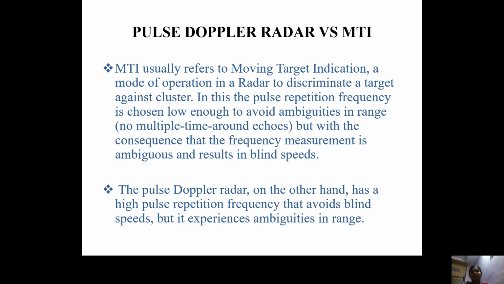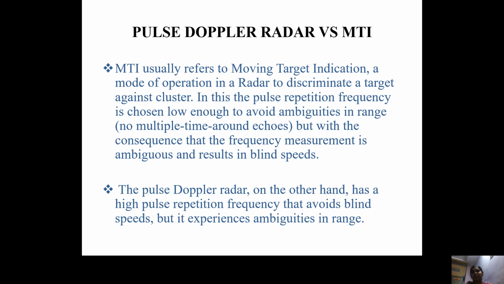In this technique, the pulse repetition frequency is chosen very low so that we can avoid ambiguities in range. With this technique, we can clearly identify the range of the target, that means how far our target lies from the radar. But here we have to compromise with blind speeds.